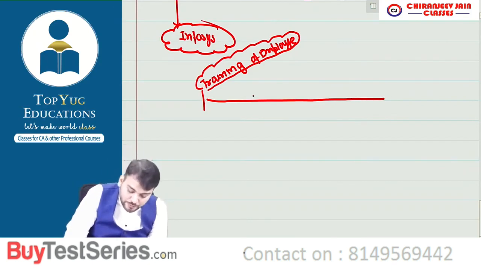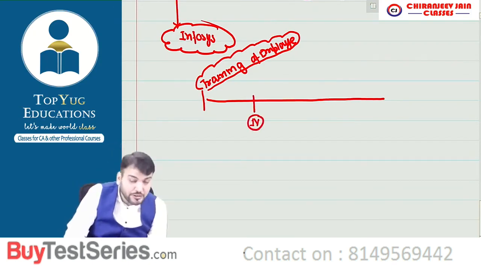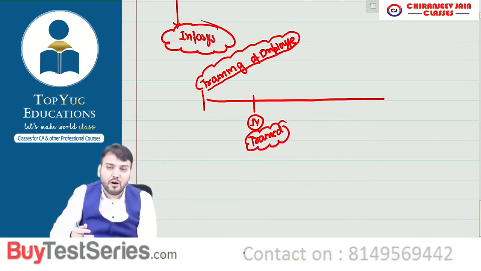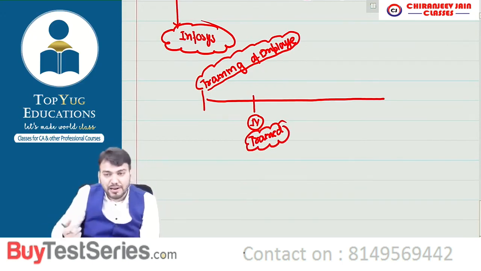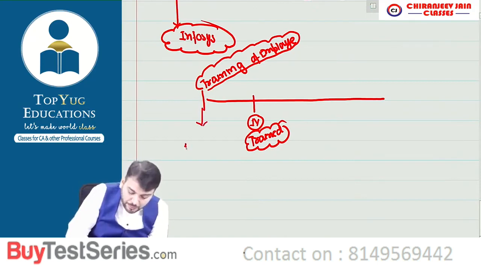Understood? Now suppose 1 year expires, and now they become trained employees. After 1 year of some training and some work, they become a trained employee. Suppose we appointed them at rupees 1 lakh per month.